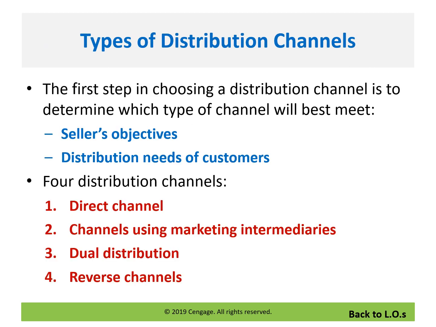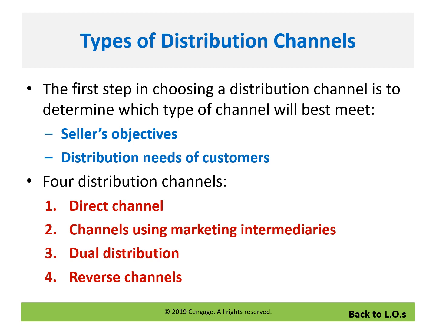So, what are the 4 types of distribution channels? The first step in choosing a distribution channel is to determine which type of channel will best meet the seller's objectives and distribution needs of customers. No single channel best serves the needs of every company.